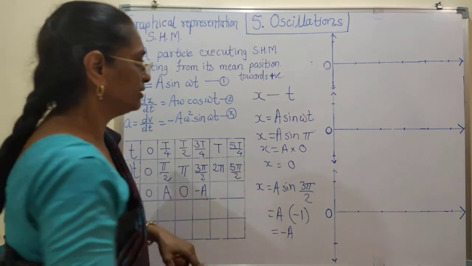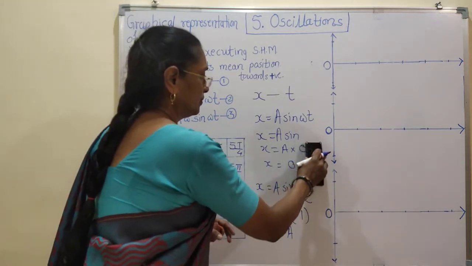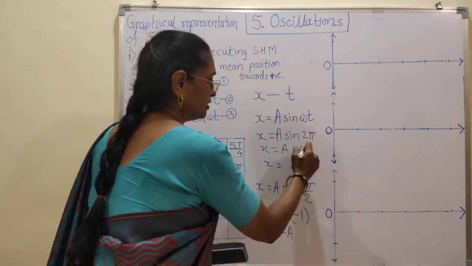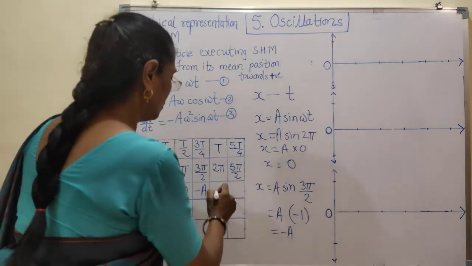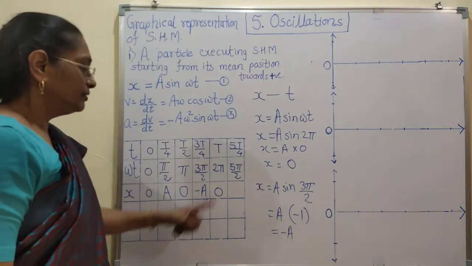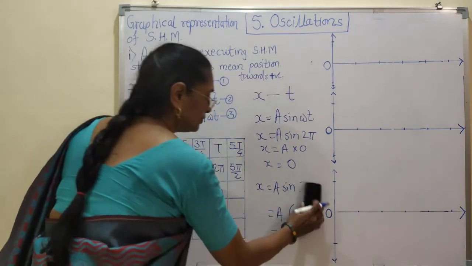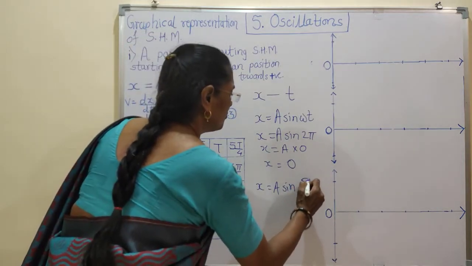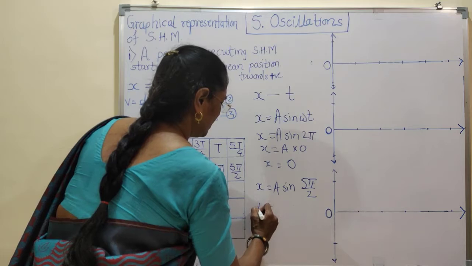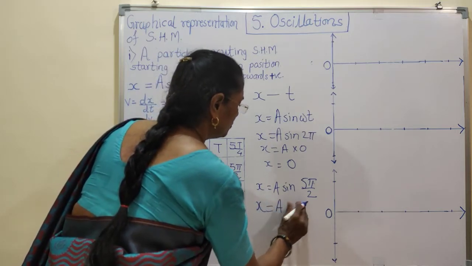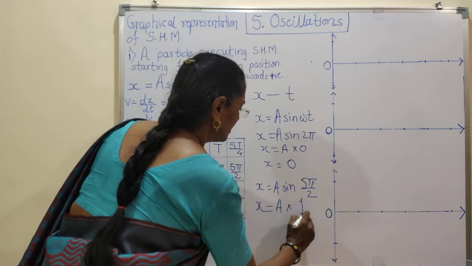Sin twice pi, if we substitute, is again 0. We get here 0. Next value is sin 5 pi by 2. It has the positive maximum value, plus 1.